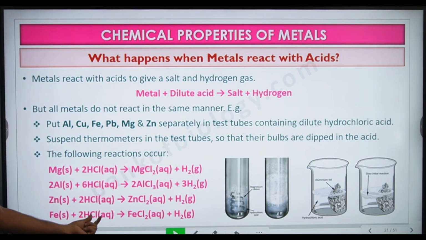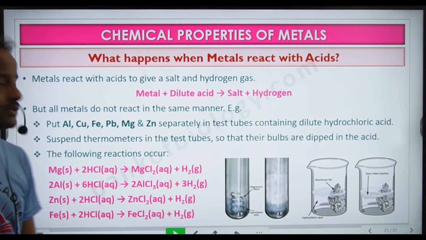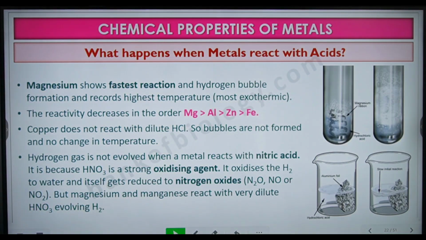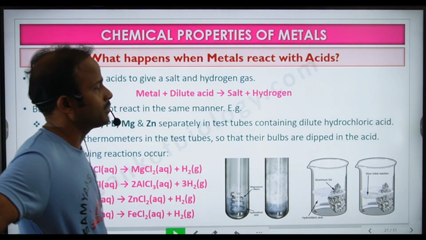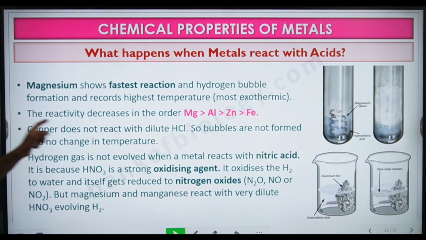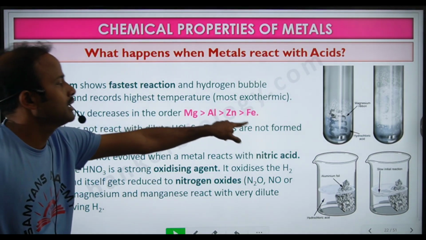When iron reacts with the HCl, it forms the FeCl2 and also liberates the hydrogen gas. Okay. Now magnesium shows the fastest reaction and hydrogen bubble formation and records the highest temperature, and it is the most exothermic. Okay, we placed thermometers in all test tubes, right, and the one which shows the highest temperature is magnesium. The reactivity decreases in the order. So magnesium reacts more compared to aluminium, zinc and iron.